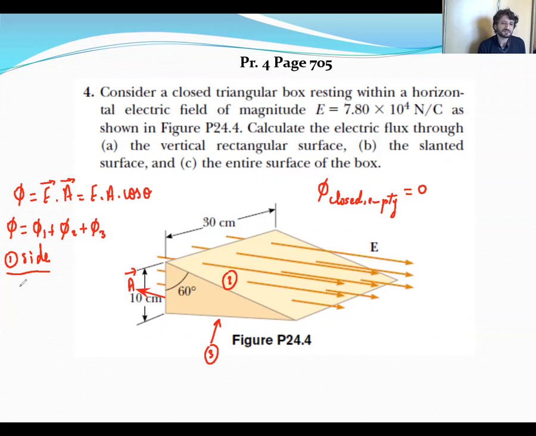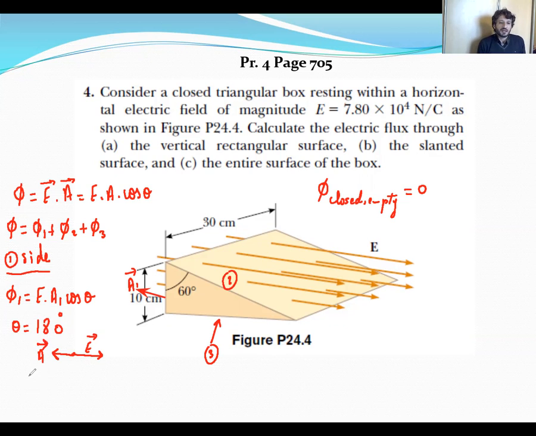So in this case, flux 1 equals E A1 cosine theta. Theta equals 180 degrees, because E is horizontal to the right and A is opposite.